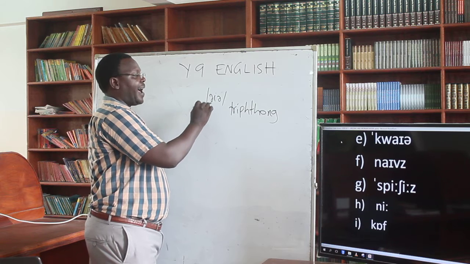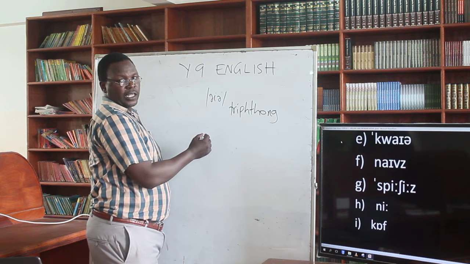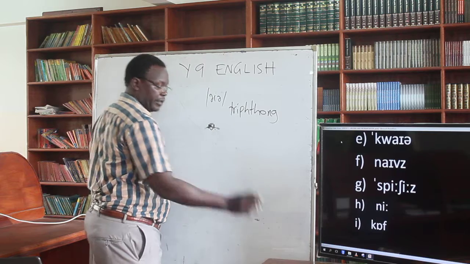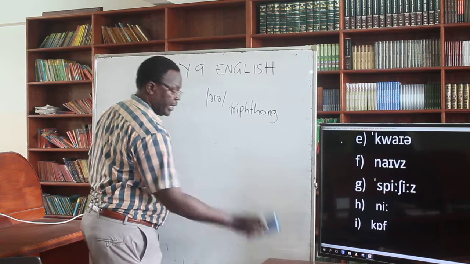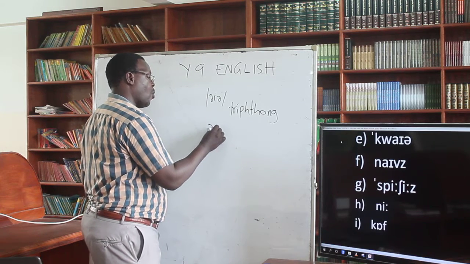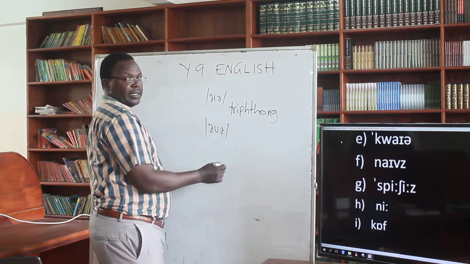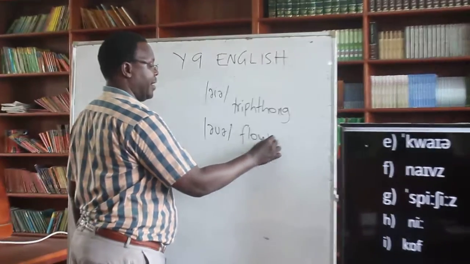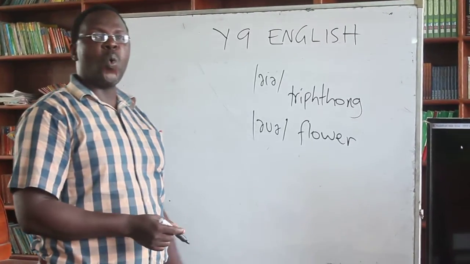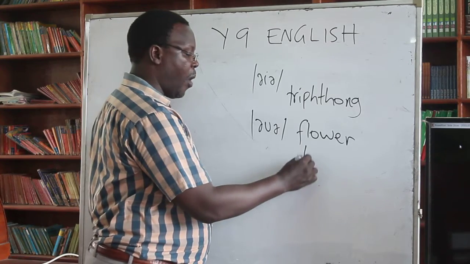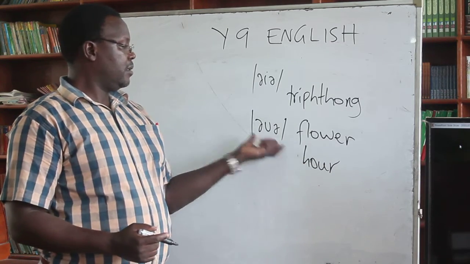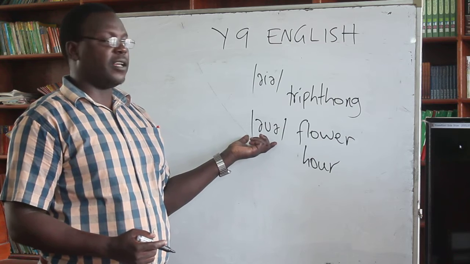Like you can talk of hour, like flower. We say hour. Yes, this is an example of a triphthong.